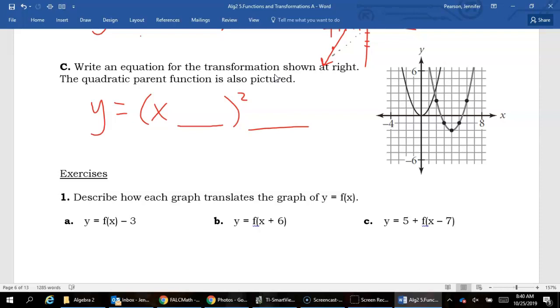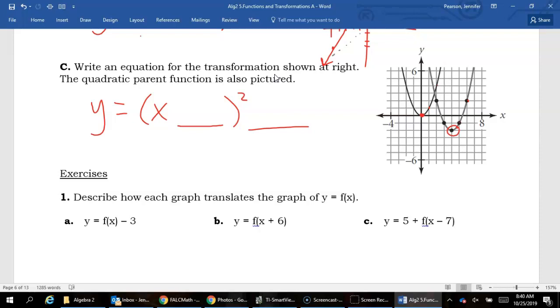So the original parent function has its vertex at the origin. And the easiest way to translate a quadratic is to say, where did the vertex move? You don't have to do that. I mean, we could say, where did this point go? It moved here. Or where did this point go? It moved here. But the vertex is usually the easiest point to identify.